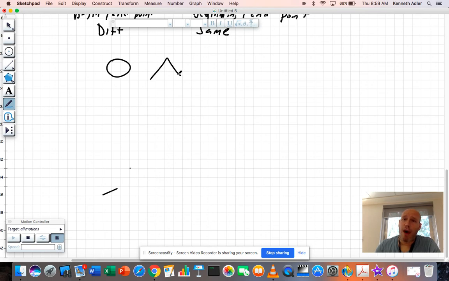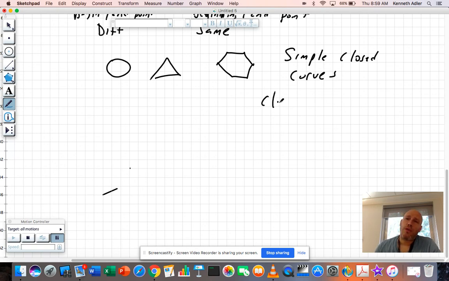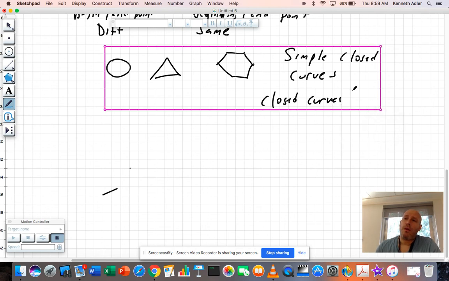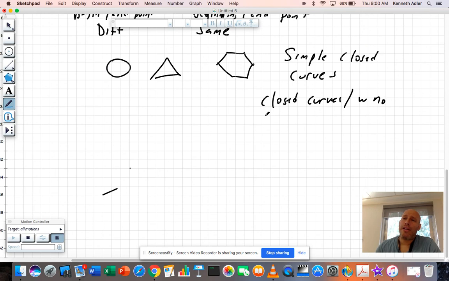We're interested in triangles. We're going to be taking a lot of interest in pentagons. These are known as simple closed curves. What do you think? They're closed curves with what? With no intersections. They start and end at the same point, and they don't cross each other.